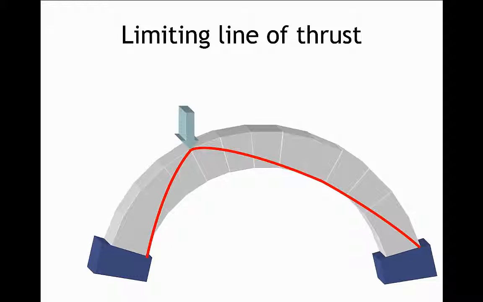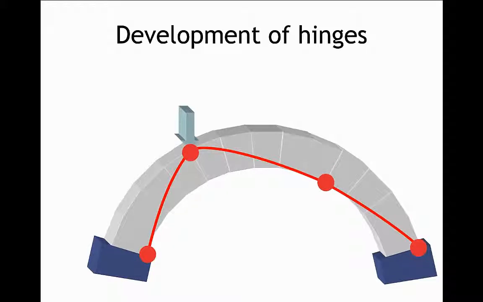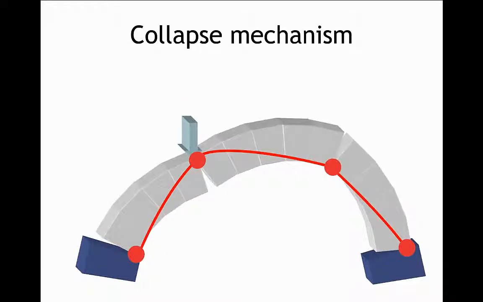If we apply any more load at all, then we get hinges forming and we get a collapse mechanism. So as far as we're concerned, this means that although there's some uncertainty about how a bridge is carrying service loads, we can say with a bit more certainty how the bridge is likely to collapse under the action of an overload.